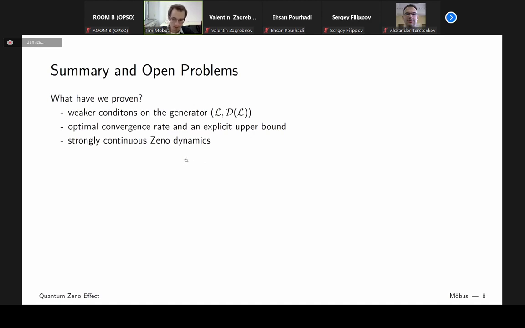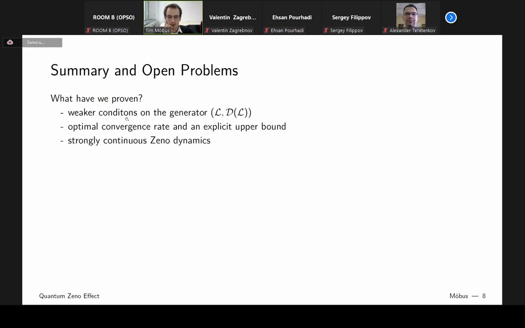Moreover, by our weak assumptions on the generator, in the first theorem, the Zeno dynamics could be strongly continuous. So this PLP can be an unbounded operator, which is new, because in the previous papers, they always assumed that the generator is bounded in the end.